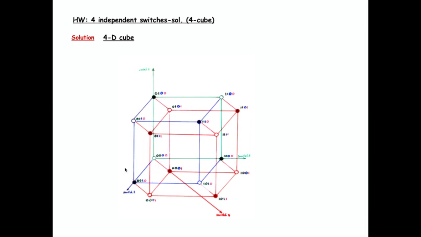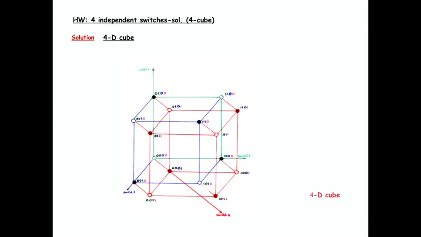We also connect in red all of the new vertices to all of the vertices of the old cube that correspond to each other. Of course, in 4 dimensions, all of these angles are going to be 90-degree angles. That allows us to have 4 dimensions and 4 independent switches. Any questions about this?